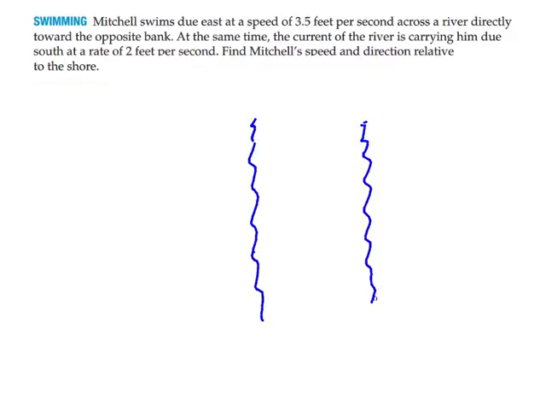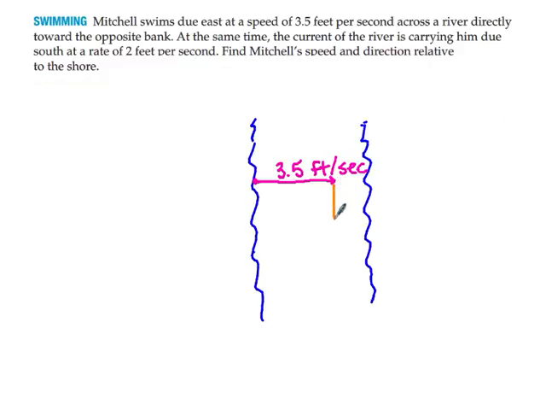And so what ends up happening is we have a person traveling across the river, and they're going due east, which is this direction right here. That's due east, and that's 3.5 feet per second. Unfortunately, there is a current that carries him south at a rate of 2 feet per second.